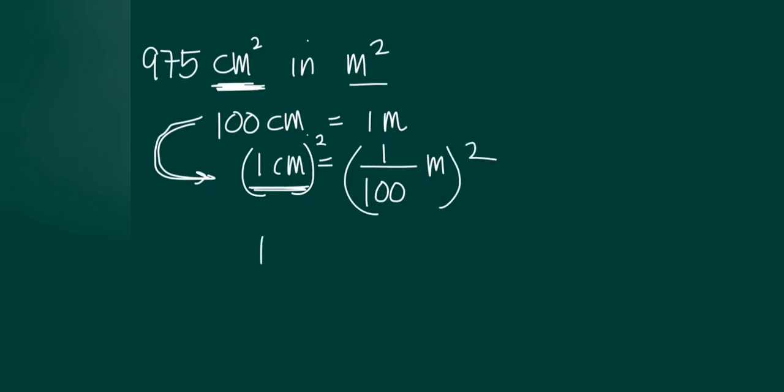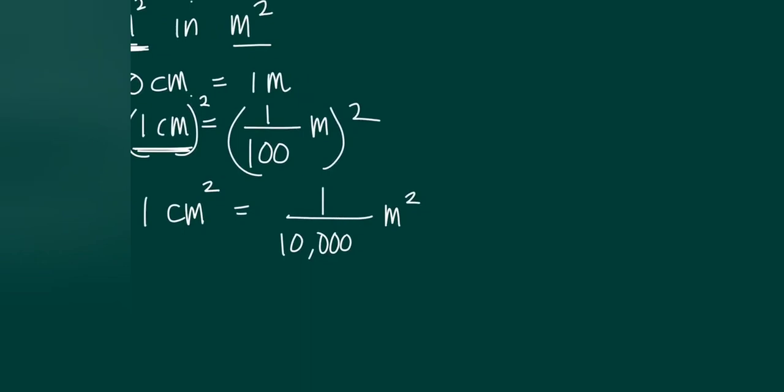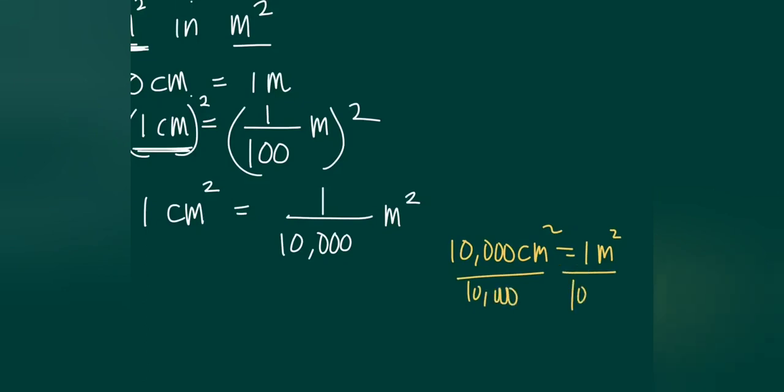So 1 cm squared equals 1 over 100 squared m squared. You might say that's basically what we showed in the previous example: if 10,000 cm squared is equal to 1 m squared, then dividing both sides by 10,000 gives us this equation.